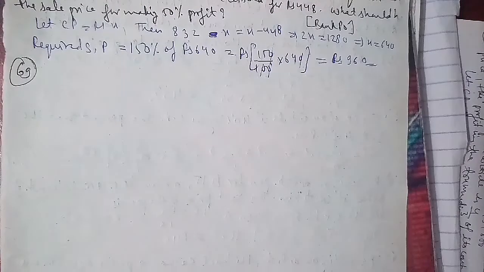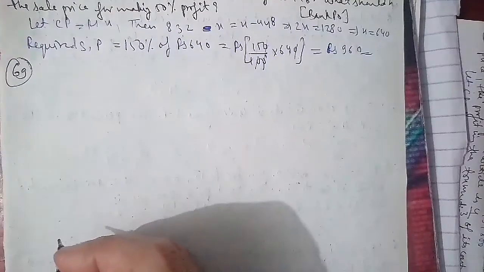At what price should the article be sold to make 25% profit? That has been the important one. And the options we have: rupees 600, rupees 750, rupees 800, and data inadequate. That we go ahead here.